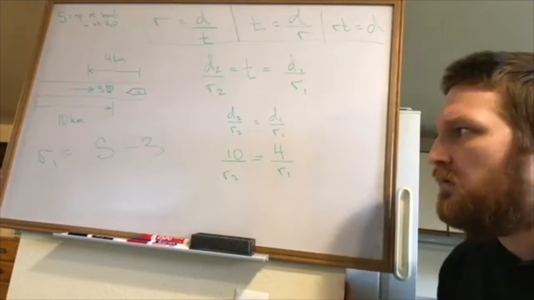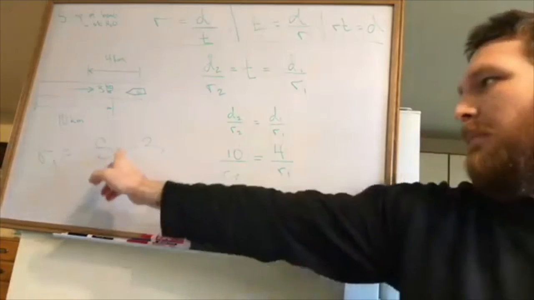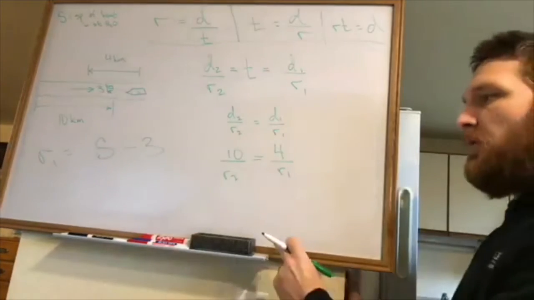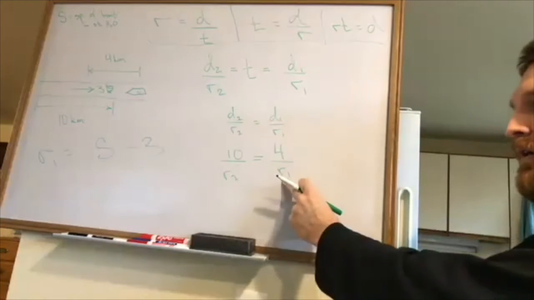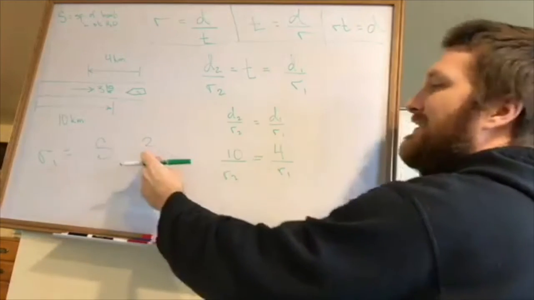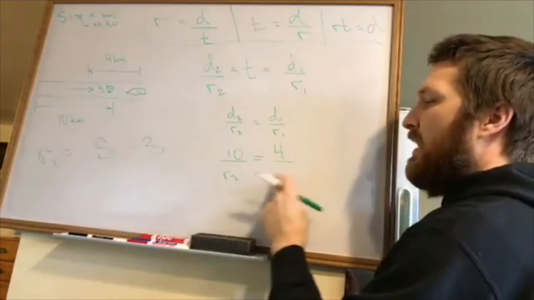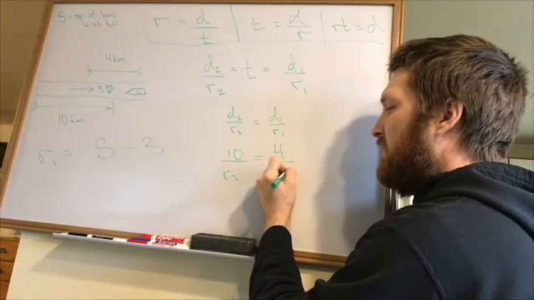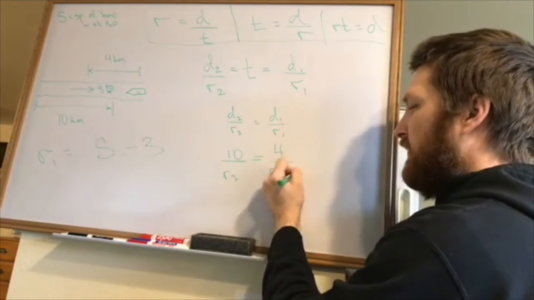It's slower, whatever the speed would have been, but minus 3. So I'm going to say rate 1 is whatever the speed of the boat is minus 3 kilometers per hour. So rate 1 is going to be S minus 3.